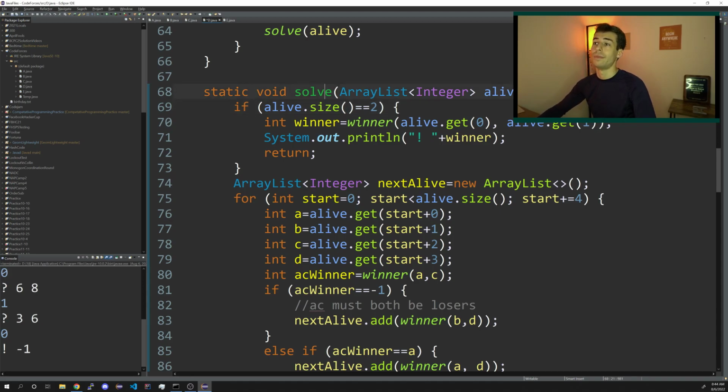Oh, what if this n equals 1? 1, 3. Say 1 wins that. 1, 4. Let's say the 4 wins that.